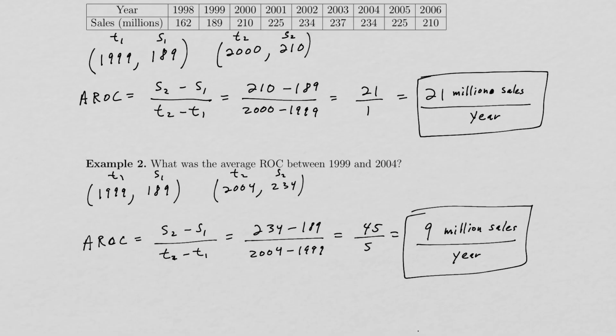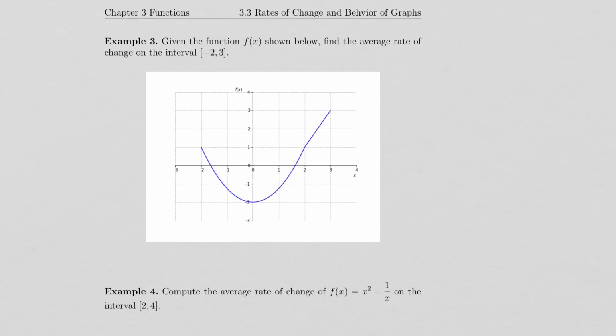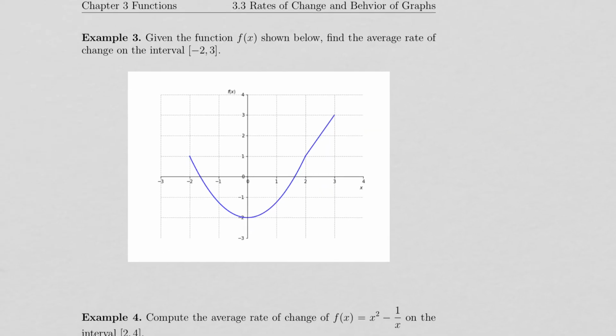Okay, what about using a graph now to find the average rate of change on some interval? In this case, I want to find the average rate of change from -2 to 3. When we're given that interval, I'm given the input values. This is my x1, this is my x2.